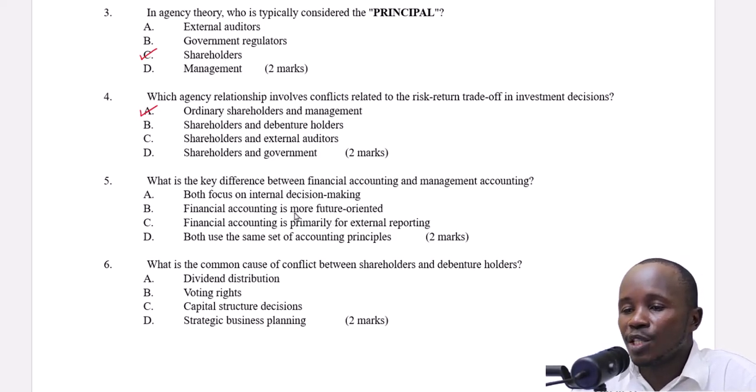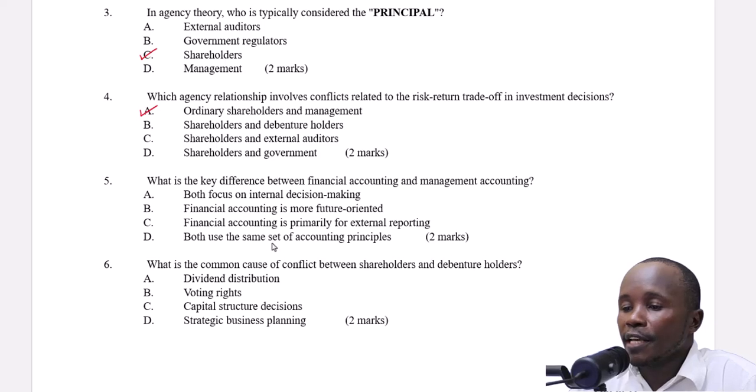Let's look at the first one, A. Both focus on internal decision making. Yeah, when you prepare financial accounting and management accounting, of course they can be used for internal decision making, but that is not the key difference.